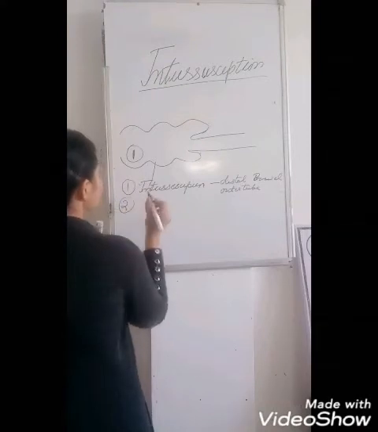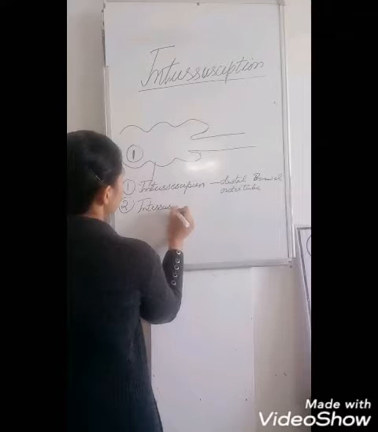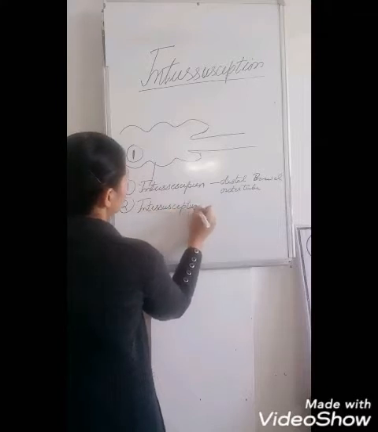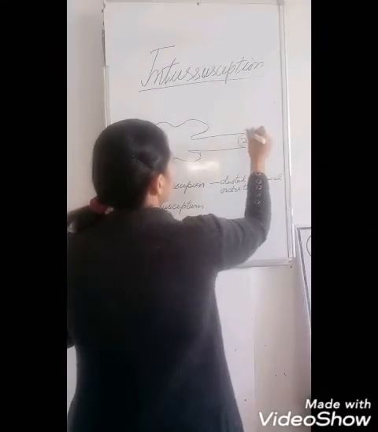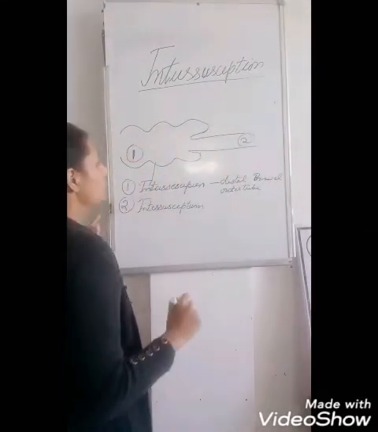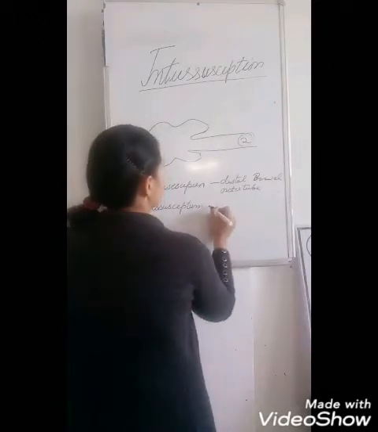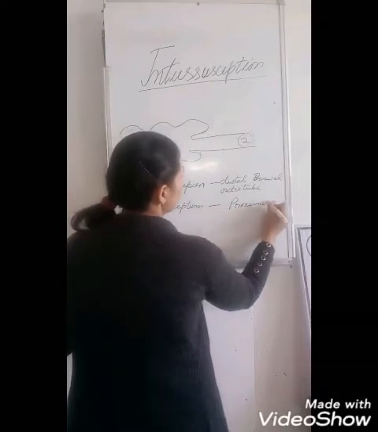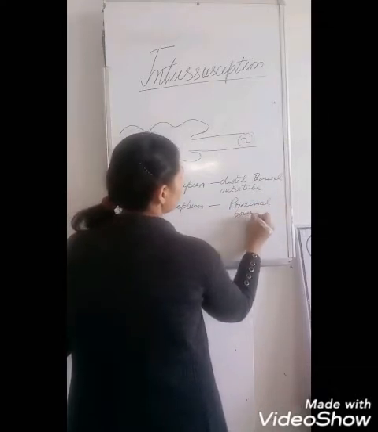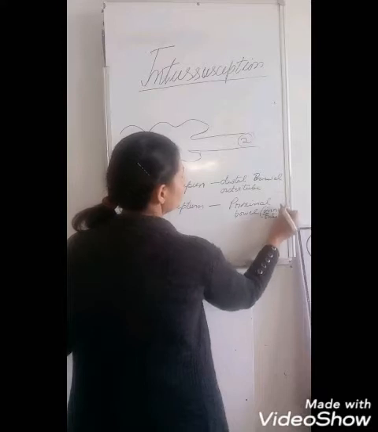Then second is intussusceptum. Intussusceptum is this, which enters into the distal bowel. Sorry, it is the proximal bowel which enters, or we can say the inner tube.